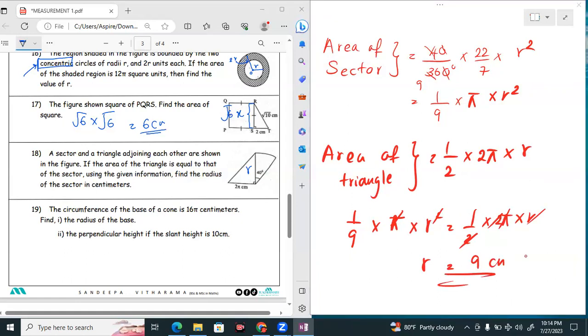Here we obtain the r as 9 centimeters. Okay. What you have to do is, area of the sector equal to the area of the triangle because it is given here.